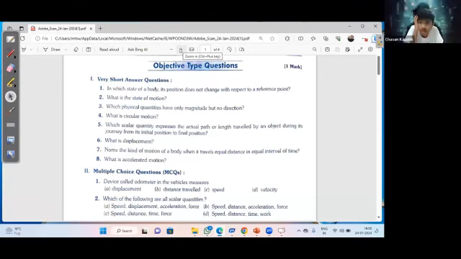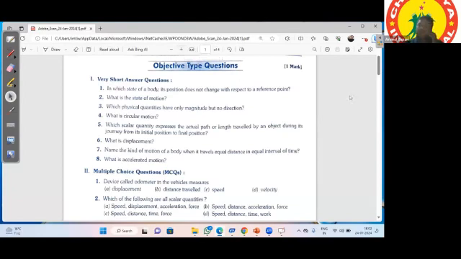So what's the answer for this one? The answer is that if there is a change of position with respect to the reference point, then we call it motion.